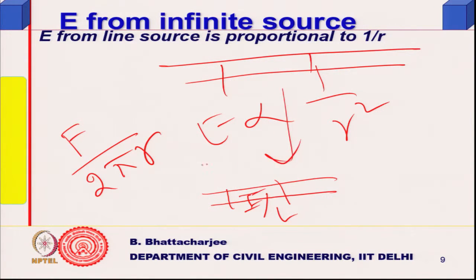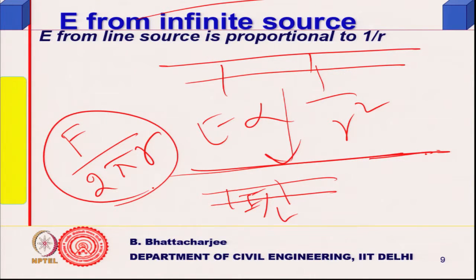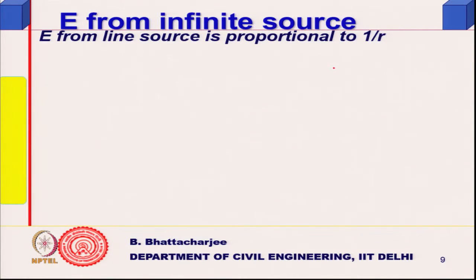So, at a distance r, it will be uniform illumination on a cylindrical surface, and it will be f divided by twice pi r, right, because twice pi r is the surface area into 1, and this was per unit length. So, through 1 length, therefore, f. So, from a line source it is proportional to 1 by r.